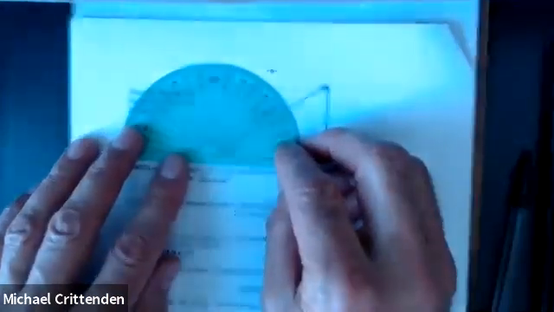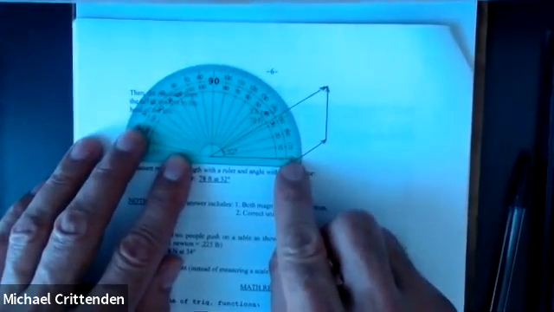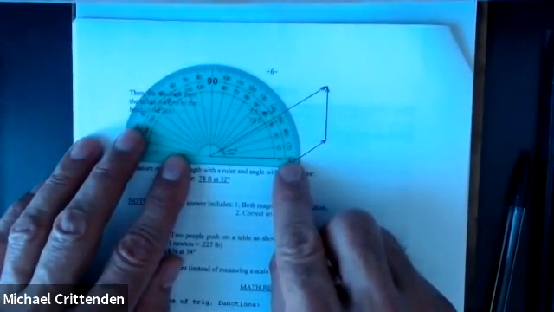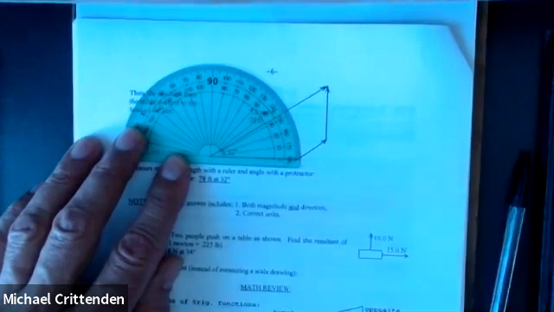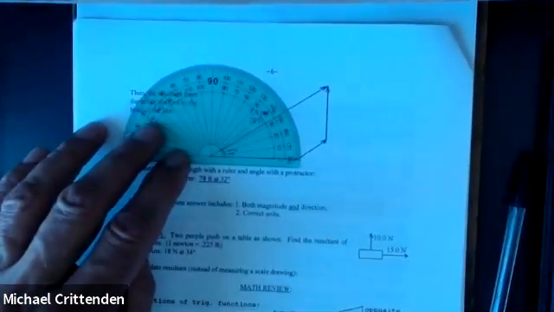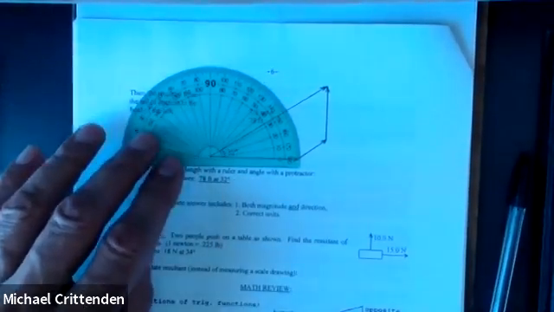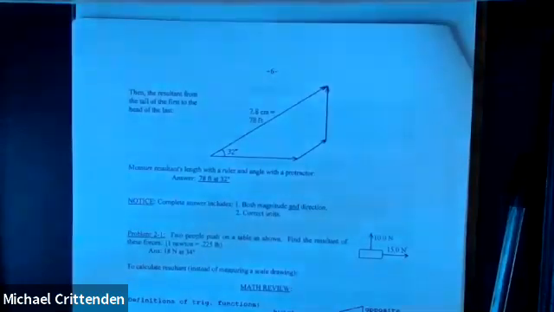And then what direction should the bird have flown in? Well, you put your protractor on there, and it goes right there like that. And that's kind of looking more like 33 degrees than 32. But in a perfect world, that would be 32 degrees, and that's how you get the direction part of the answer.